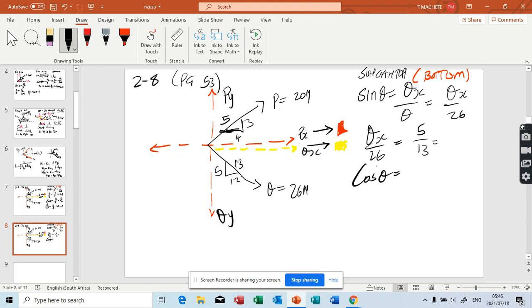Wait, before that, I'm trying to check something. Yeah, this is your second quadrant. This is your third quadrant.